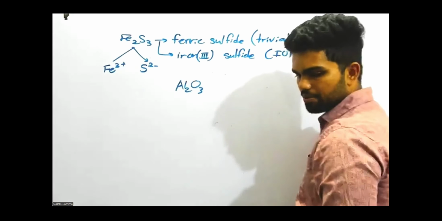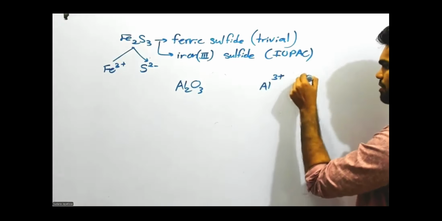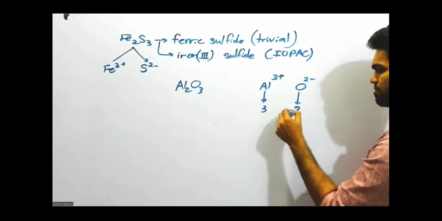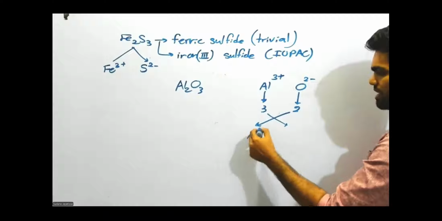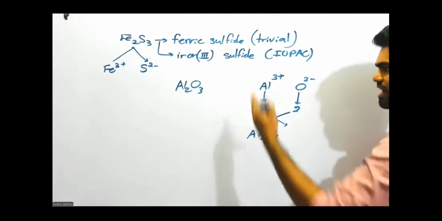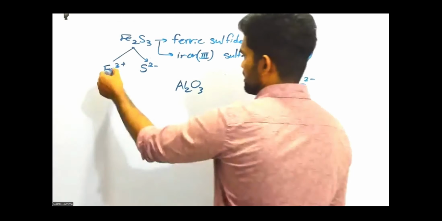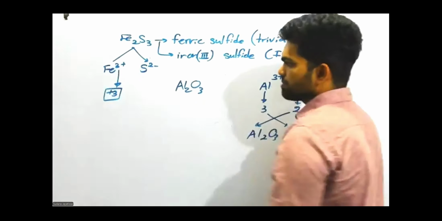Remember, how did you form the formula? Al3+ was there and O2- was there. So 3 and 2. Then you exchange the valencies and it became Al2O3. Just like that, there you have Fe3+ and S2-. So oxidation number is equal to the charge. So it is +3.